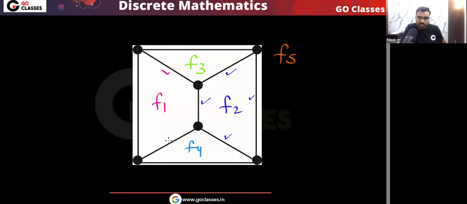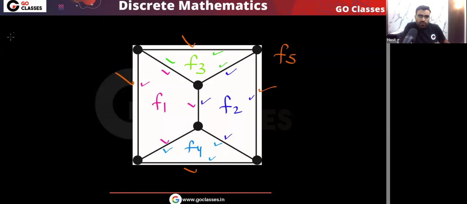F1 is touching this side, this side, this side, and also this side. What about F3? F3 is touching this side and this side. What about F4? F4 is touching this side of the edge, this side, and this side. What about F5? F5 is touching this side, this side, this side, and also this side.